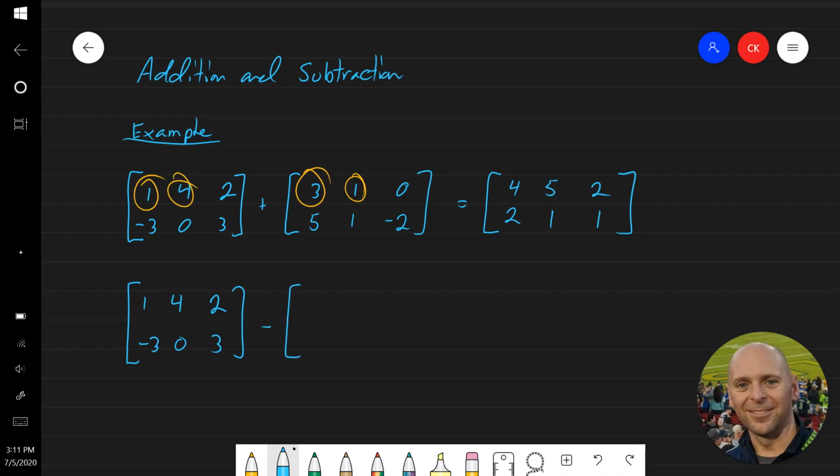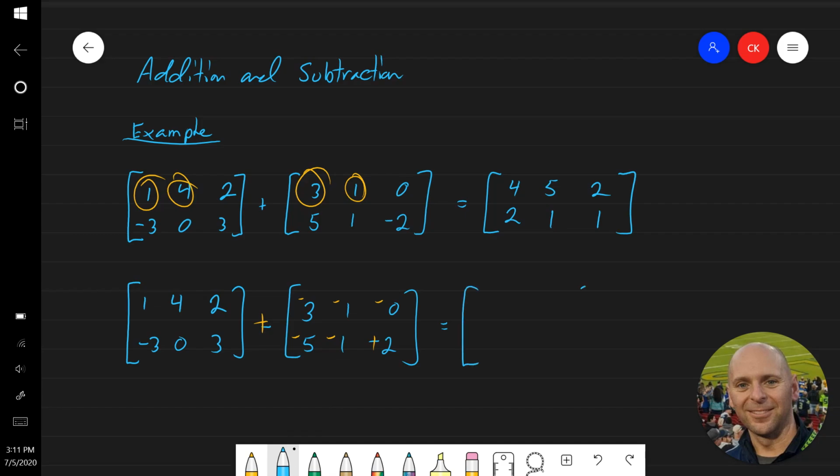The only idea maybe that's a little different is that sometimes it's a little tough to work with all the double negatives if you have a lot. So instead of subtracting matrices, sometimes I'll just say add the opposite. And in this case, we could change this to plus and negate everything on the inside, and then just go ahead and add those resulting elements, and that makes the subtraction go a little bit easier.